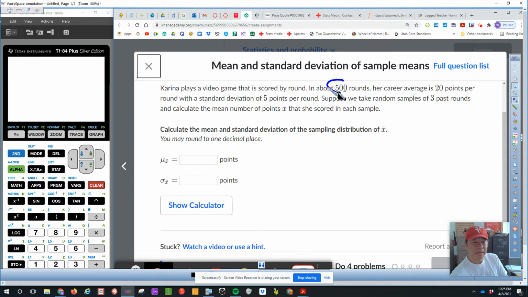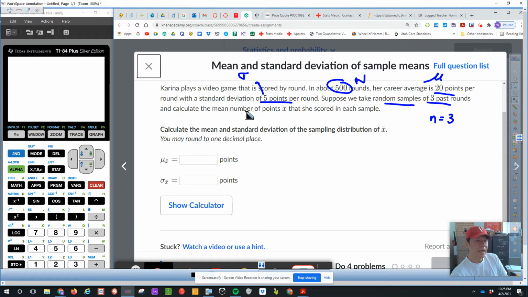So this is your big N, your population size, and that's your mean, mu. And 5, right here, is your population standard deviation. This is your population average, and that's your population size. And this 3 is the small n, which is your sample size, your random sample of 3 past rounds.